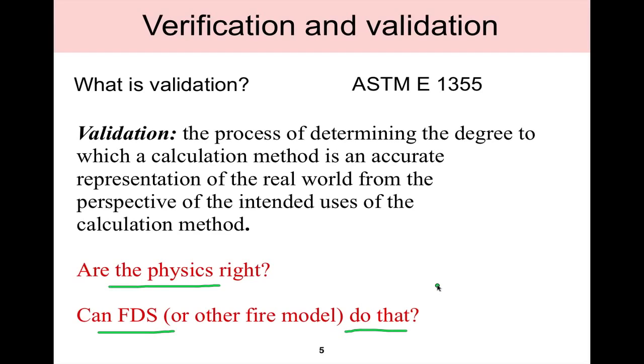Such as, can FDS model sprinkler activation, or can FDS model flame heights accurately, and so on. And so validation cases are typically compared to real-world experiments that are instrumented well at a high enough resolution to where we can compare FDS to experiments such as temperatures, flame heights, heat fluxes, sprinkler activation times, and so on. So validation is different than verification in that it's not only a check of the math, but it's a check of the physics and how well they represent the real world.